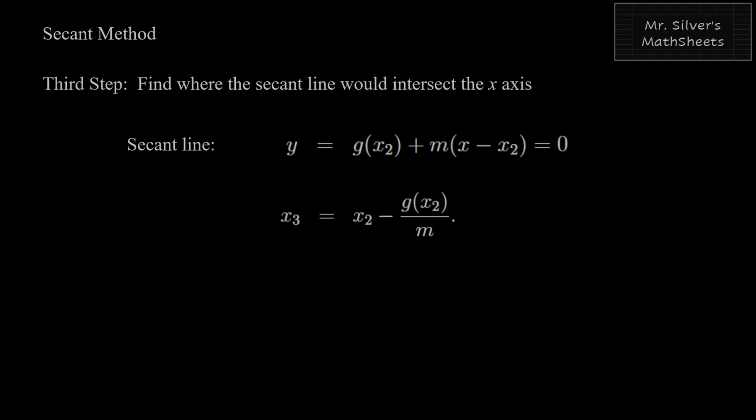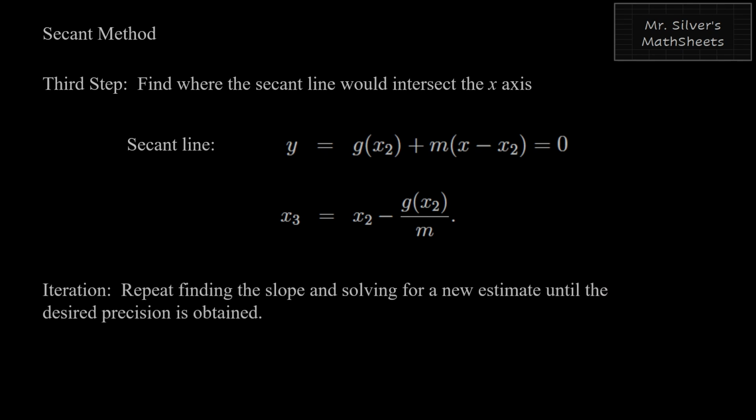And if you look at the formula and you know Newton-Raphson, you'd say, it's almost exactly the same thing. The difference is that we're using the discrete slope calculation instead of the derivative. So you iterate on this until you get the desired precision.